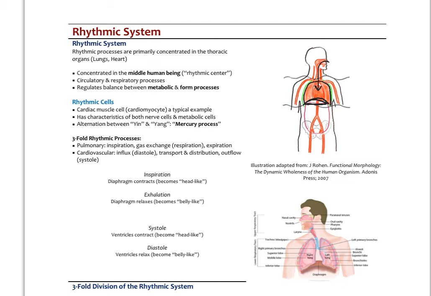So inspiration is an active process. We can say it requires the nerve-sensory system. Remember from neurology, it's the phrenic nerve, which has origins in the C3, 4, 5 area, that innervates the diaphragm. So you need to stimulate the phrenic nerve to initiate inspiration. So that's an active process.